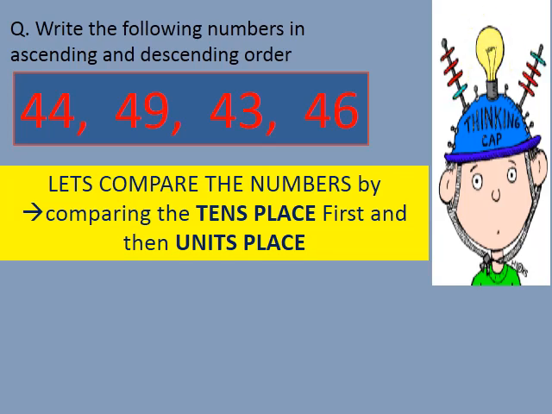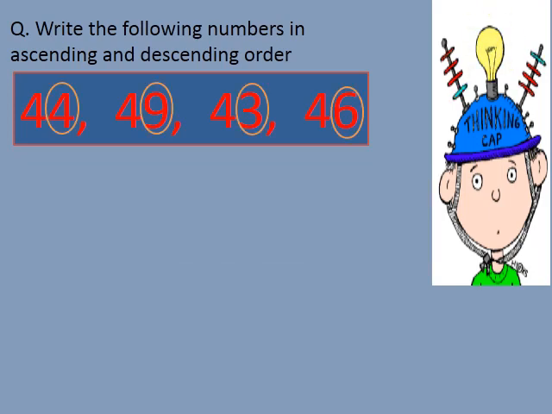No. So now we have to look at the numbers in the units place. These numbers are 4, 9, 3 and 6. Now let us compare 4, 9, 3 and 6 and try to write in the ascending order.